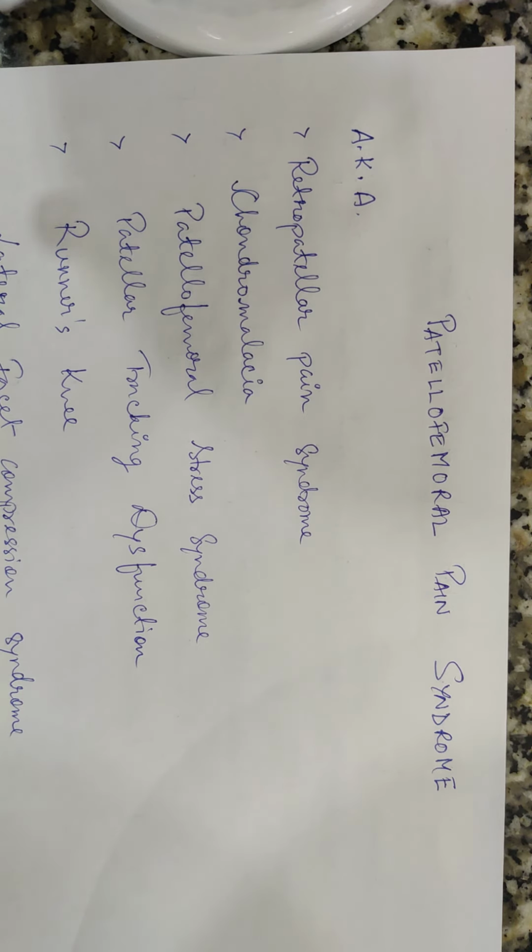And we know the patella is in between the femur and the tibia in the knee joint. So let us see in detail what the patellofemoral pain syndrome is. And at the end of the video I will try to demonstrate some basic exercises or stretches in order to manage or tackle this syndrome.